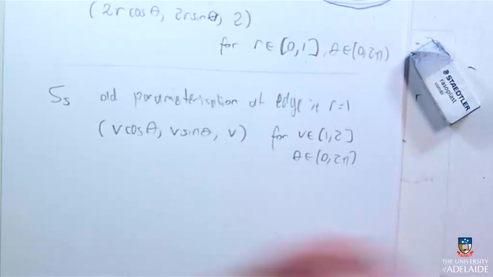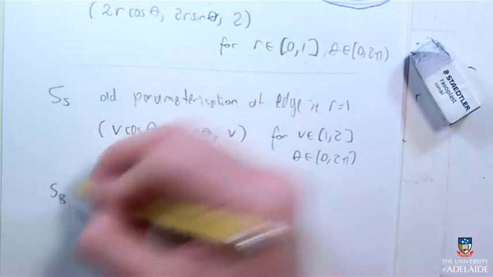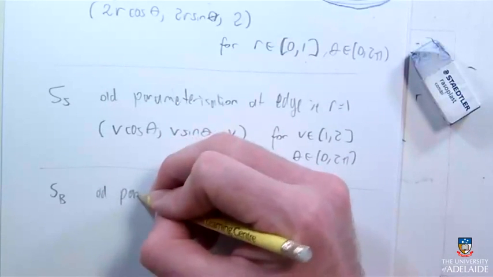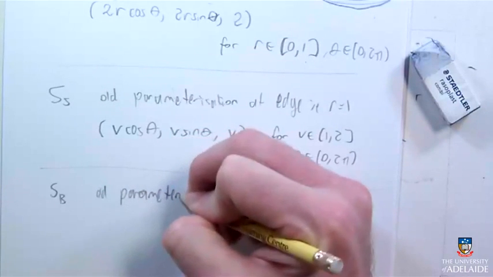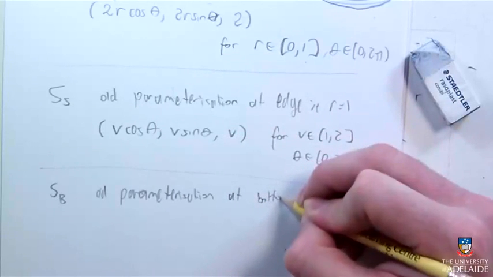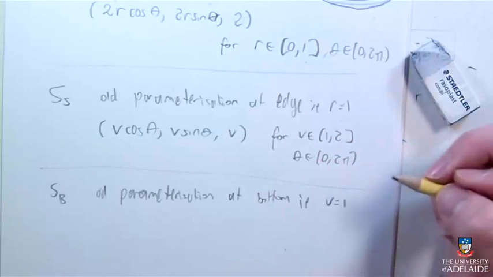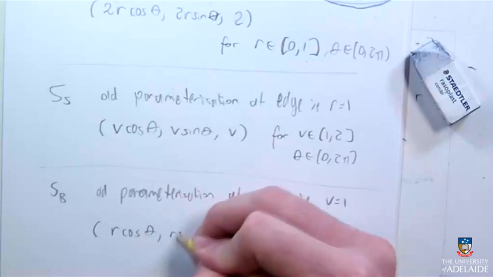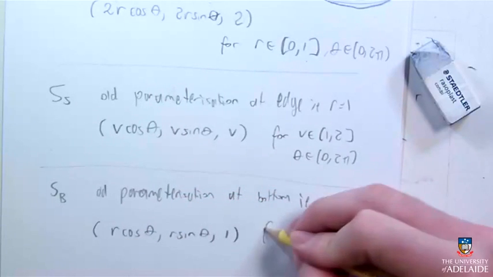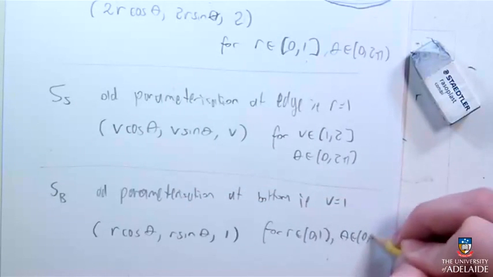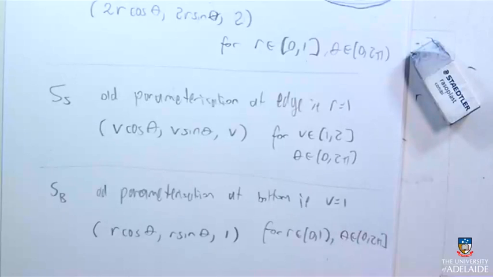And then my bottom, the old parameterization at the bottom, i.e. when v is equal to 1. Beautiful. Okay, so it's 3 different pieces.